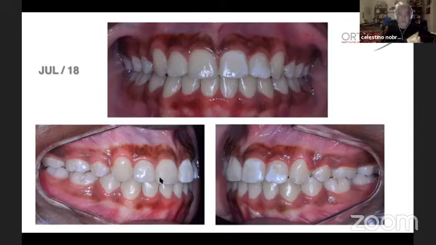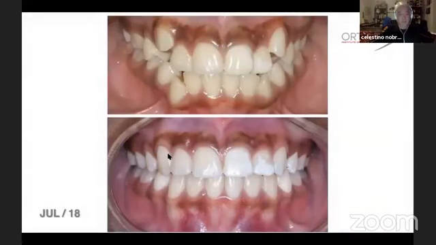She had never seen a bracket before, so she was very well trained, and she reached these results. The same day we debonded the patient, we had this occlusion. I think this is very hard to accomplish with aligners, especially the posterior segments. It's not easy, this kind of intercuspation. But anyway, this is from here to here.